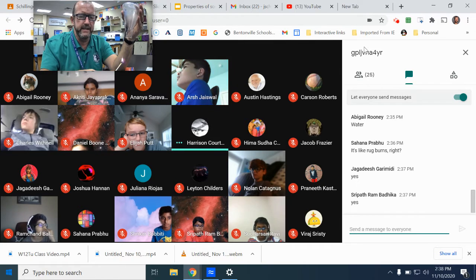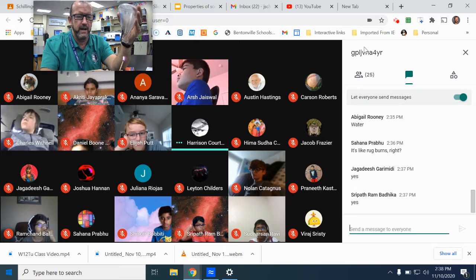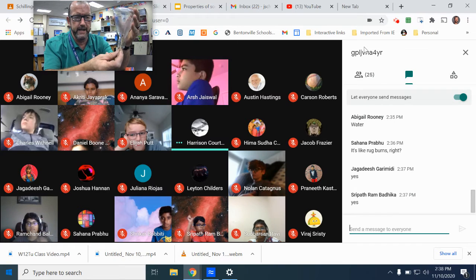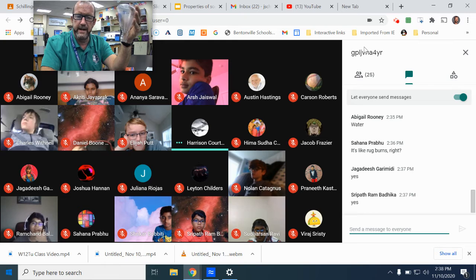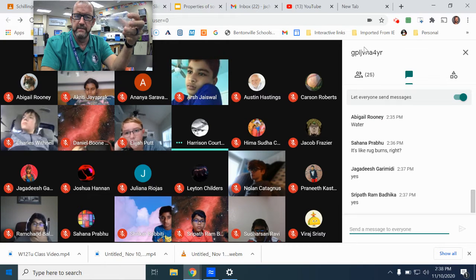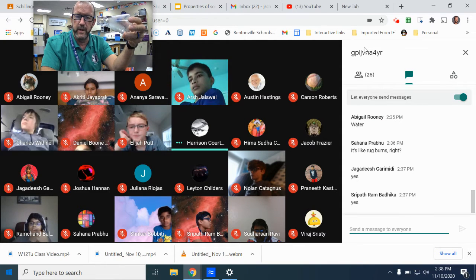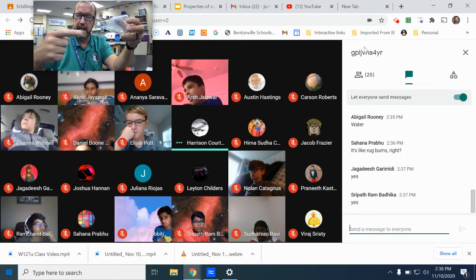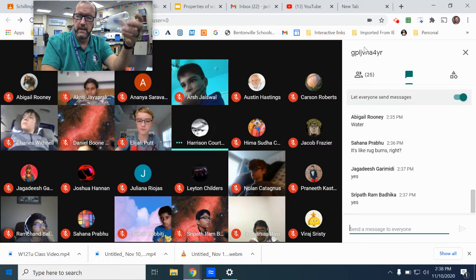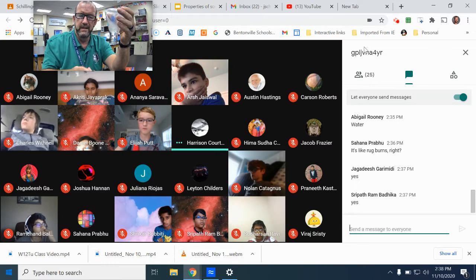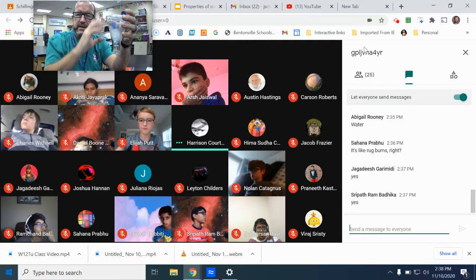So why did I burn it a second ago and it didn't go out, but now I put it in here and it goes out almost immediately? Because there's not near enough air to keep it going. Right, and also, did you see the way I held it? I held it this way and it burned for a long time. Can air go in this way? Yes. This way, I got a bunch of smoke and stuff up here.